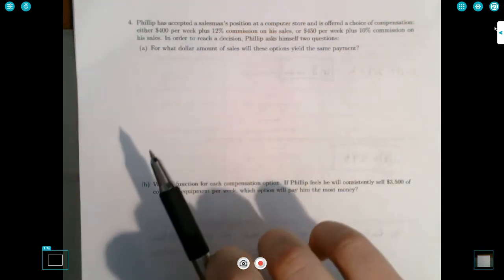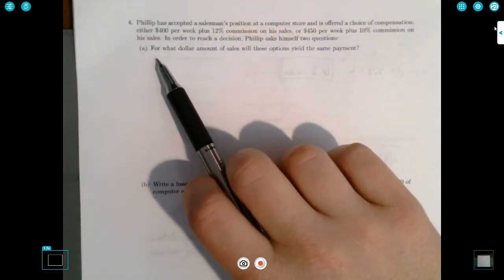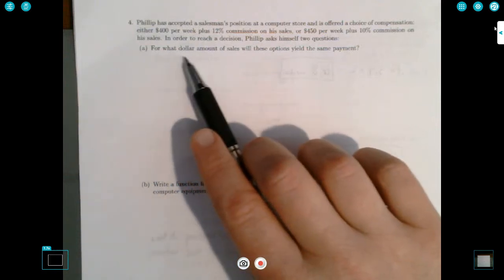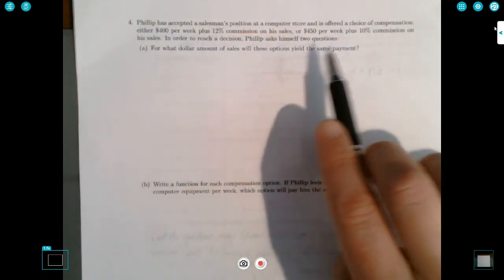So the first question: for what dollar amount of sales will these options yield the same payment? In other words, how much would he have to sell in order to make the same amount of money, whether he went with this option or this option?